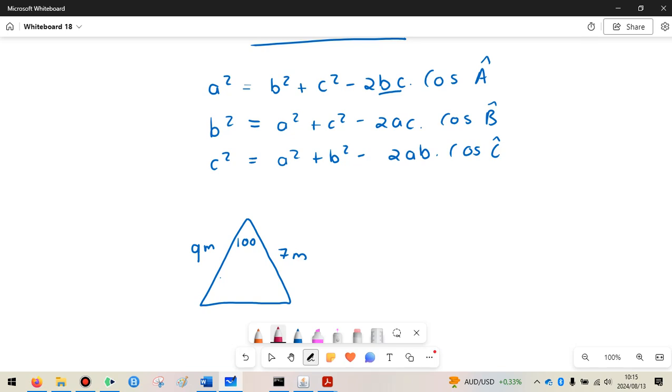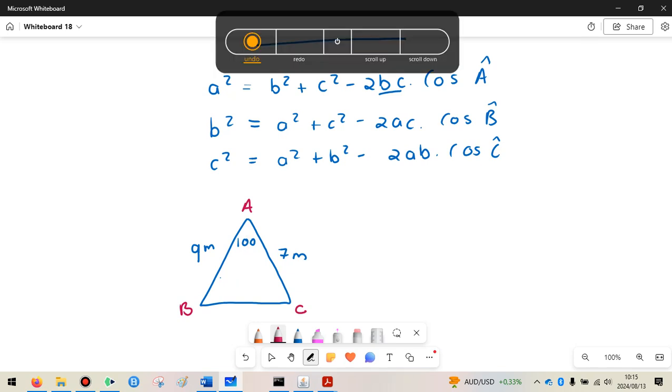Let's make this A, B, and C. Opposite angle A is side A, opposite angle B is side B, and opposite angle C is side C.